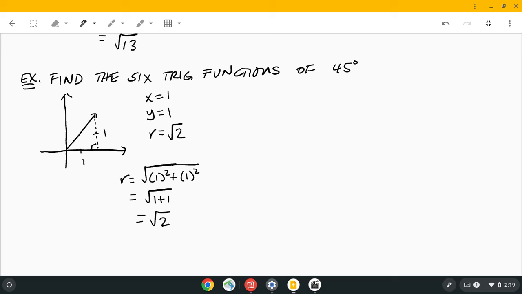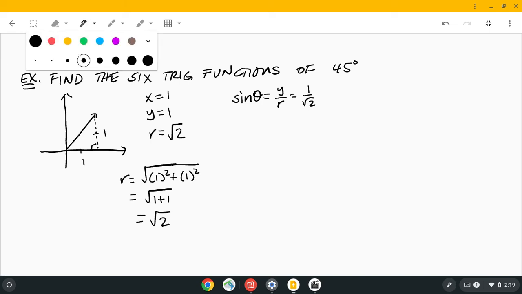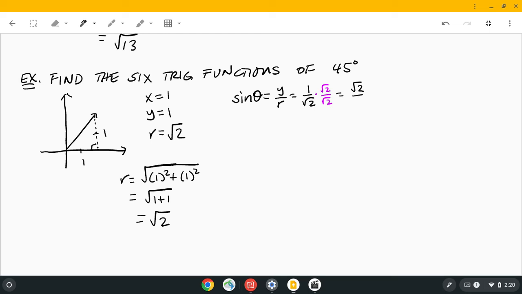So now I can go ahead and find the sine. Sine theta is y over r, so that is going to be 1 over square root 2. If I rationalize this, I can multiply by square root 2 over square root 2, and that will give me square root 2 over square root 4, which is 2.